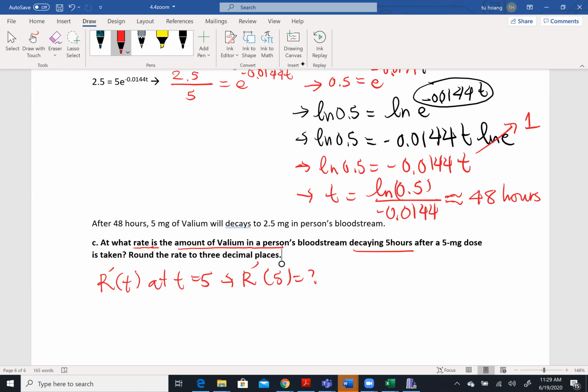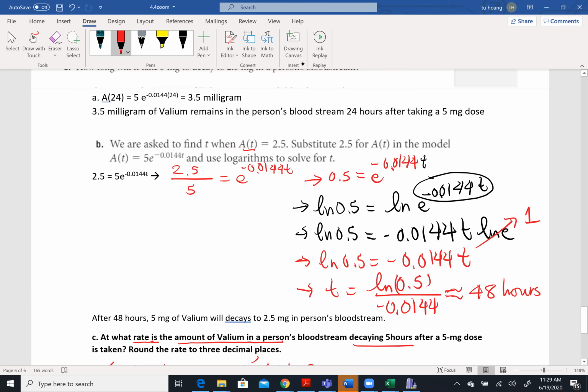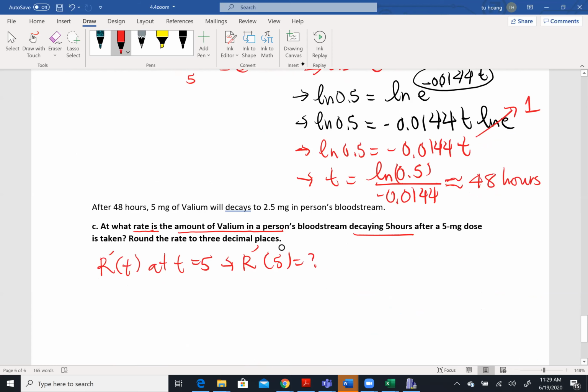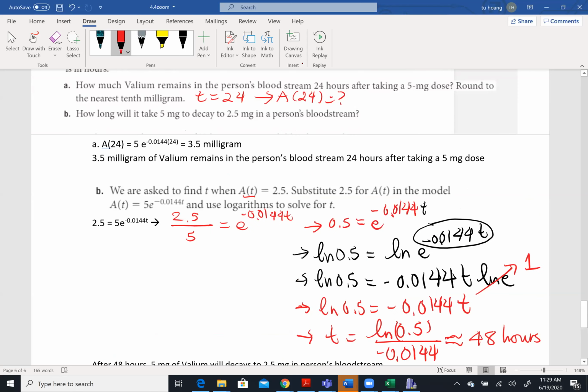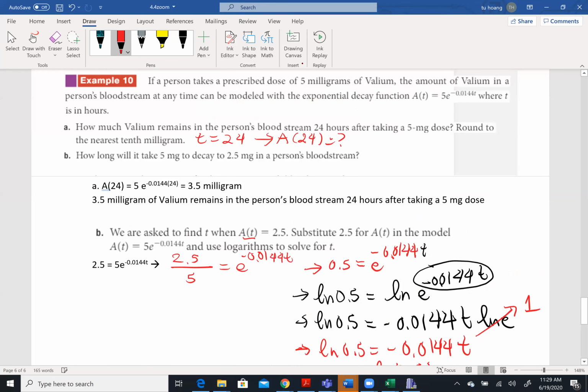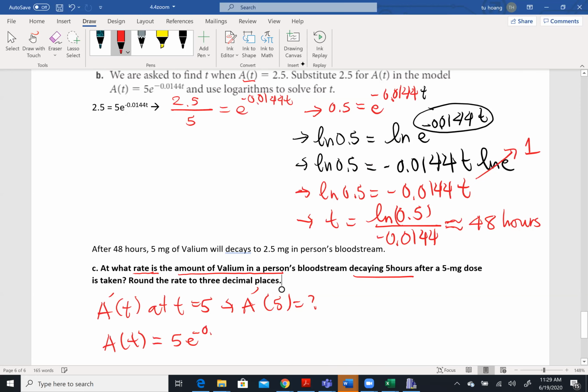What is that equal to? Okay, let's do it. It's A, not R. I would like to write the model: A equals 5 times e to the negative 0.0144 t.